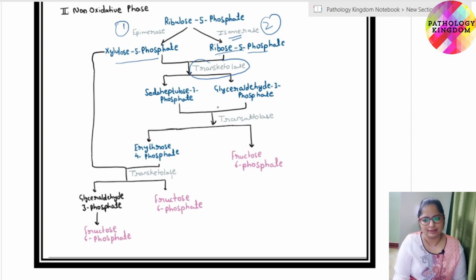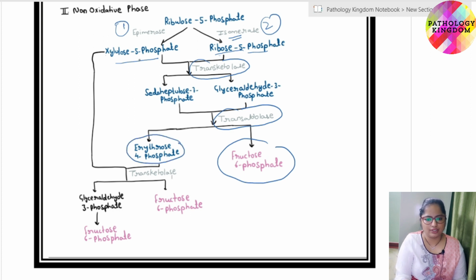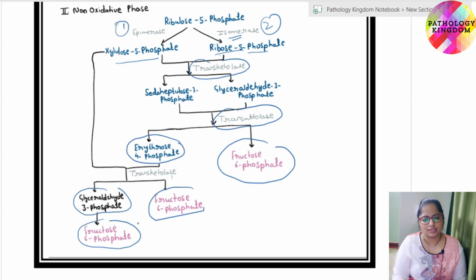Then both of these combine and are acted upon by transaldolase and converted into fructose 6 phosphate and erythrose 4 phosphate. Then this combines with xylulose 5 phosphate and is converted into fructose 6 phosphate and glyceraldehyde 3 phosphate. Then this is converted into fructose 6 phosphate. So this is the end product of non-oxidative phase, that is fructose 6 phosphate.